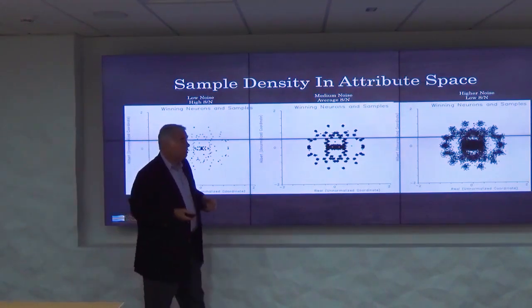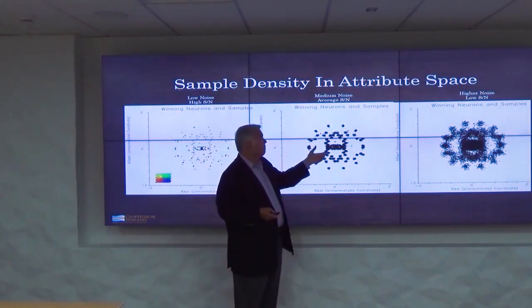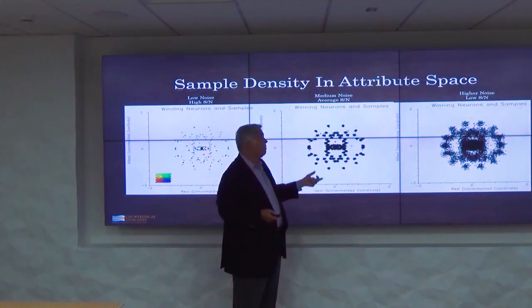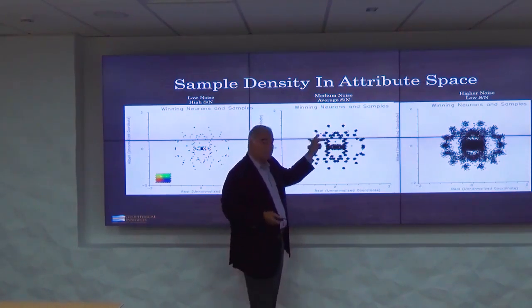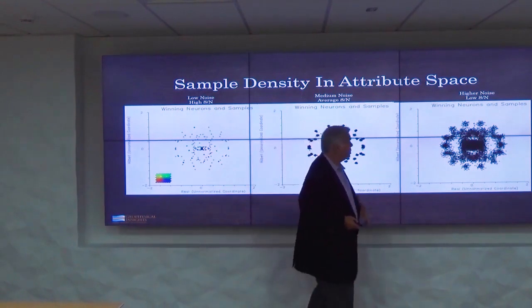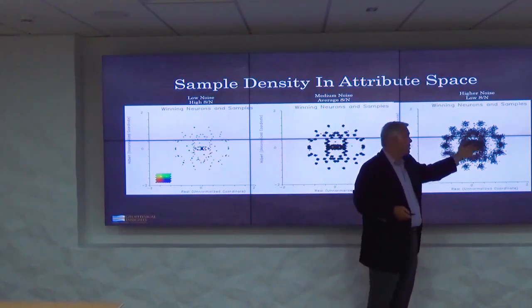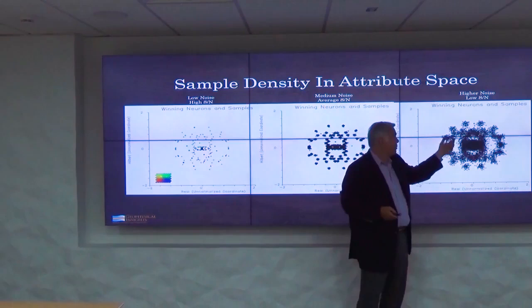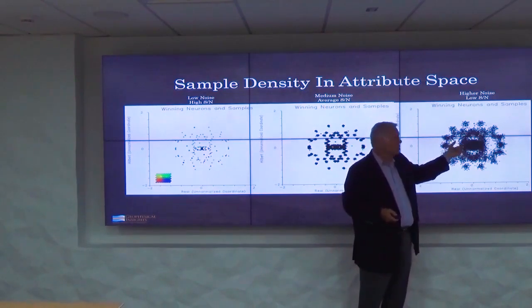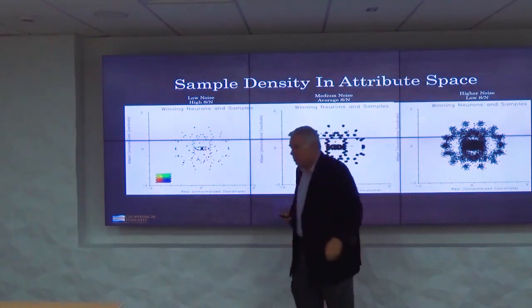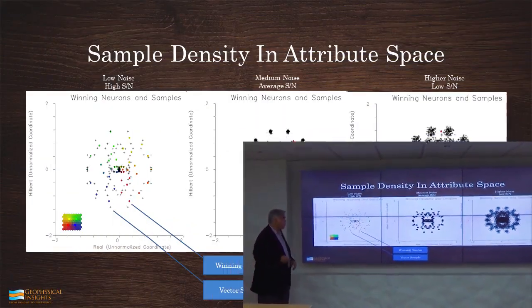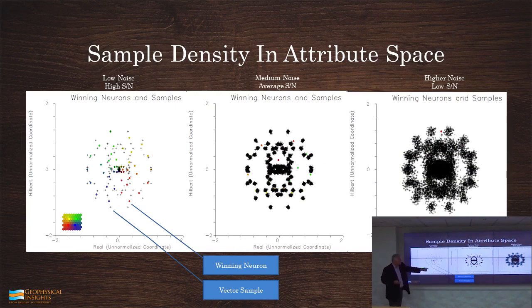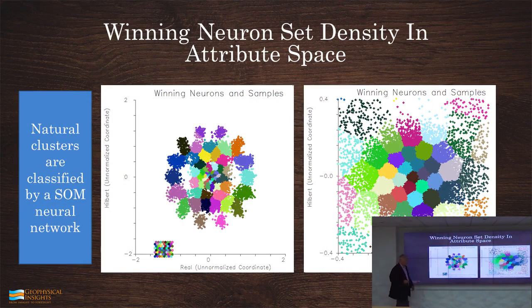And when we start to have a little bit more noise, medium noise level, and average signal noise ratio, now rather than a single plus sample here, now we have a distribution. And with a higher level of noise, now you can see that we have more things that look like natural clusters of information. Okay, so because of that, we can then track this information, and with these winning neurons and the vector samples, we're then able to classify the results.